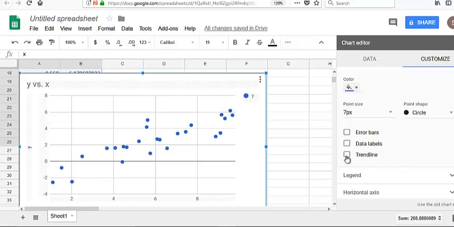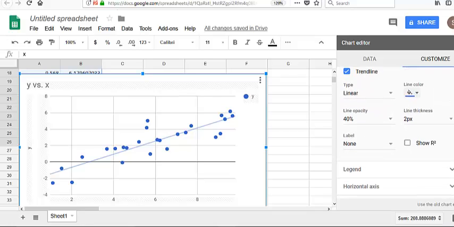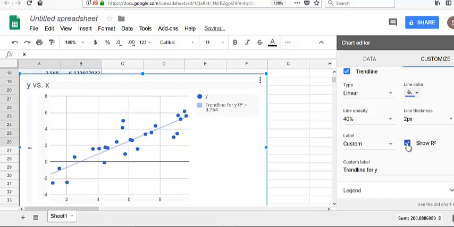It's the same thing in Excel. They don't call it a regression line, they call it a trend line. And you can see that it automatically fits a trend line, which is pretty close to what you would probably have guessed anyway. They don't give you the equation for the trend line as far as I know. Oh, actually you can show R squared, which we'll talk about.